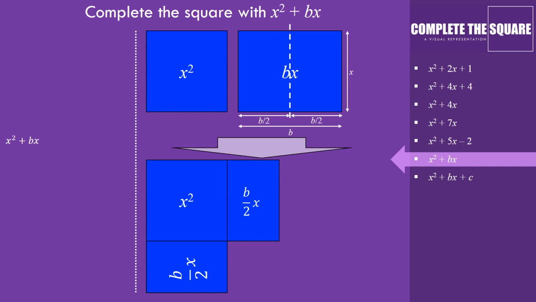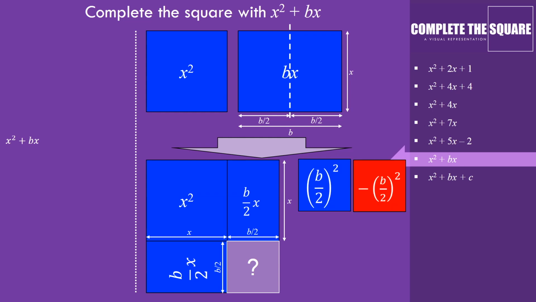In doing so, we form a missing square area of (b over 2) squared, which compels us to introduce its zero pair, (b over 2) squared and negative (b over 2) squared.